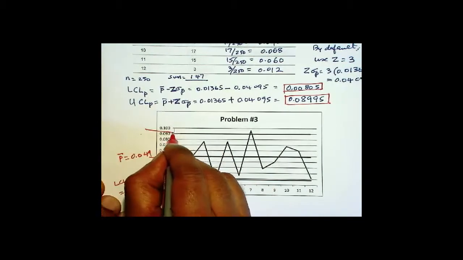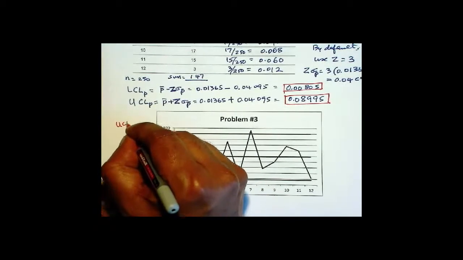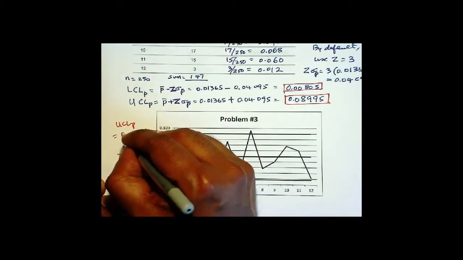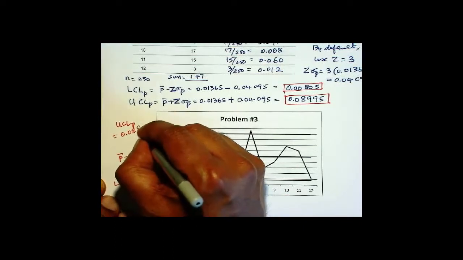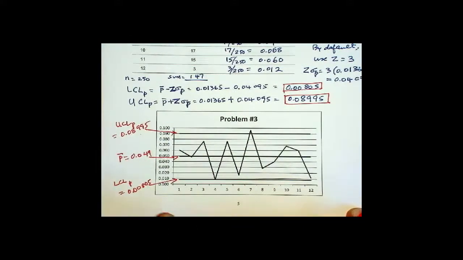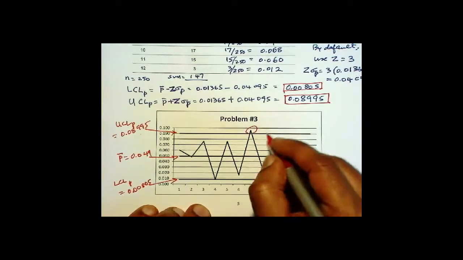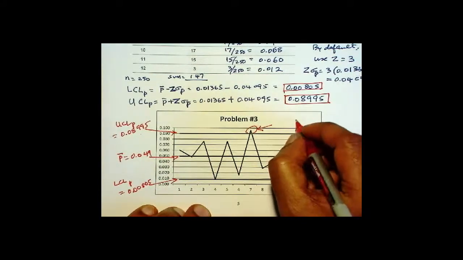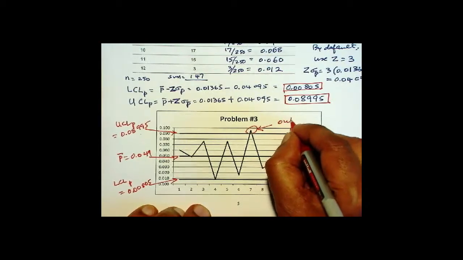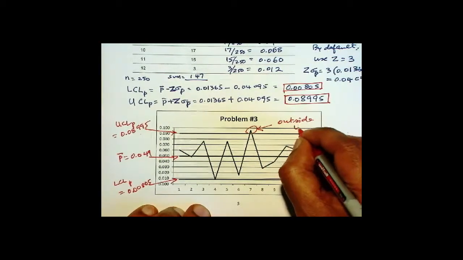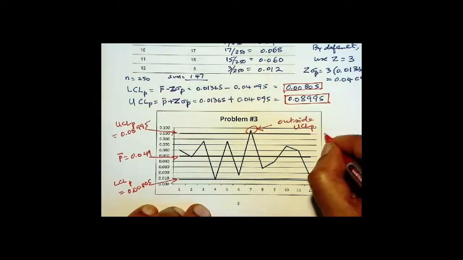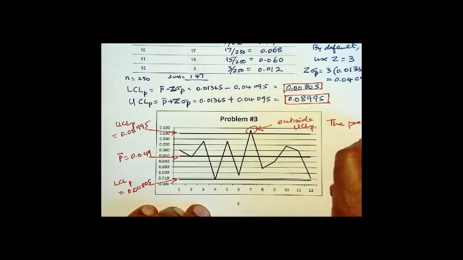That's the upper control limit for P, which is 0.08995, and these are the plots. And here this point is outside the upper control limit. The process is not in control.